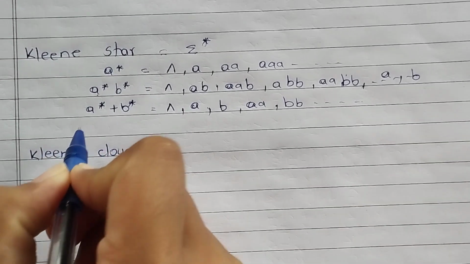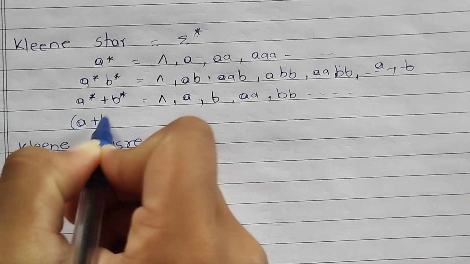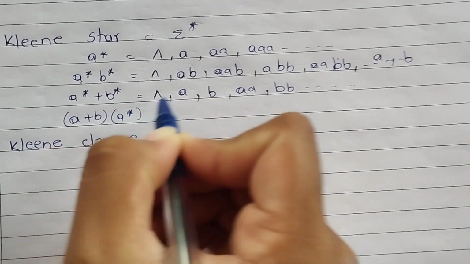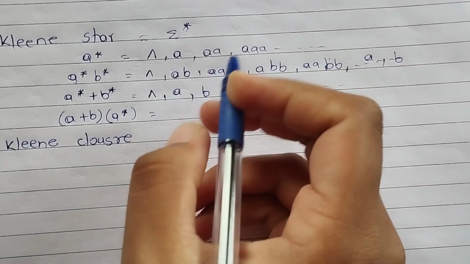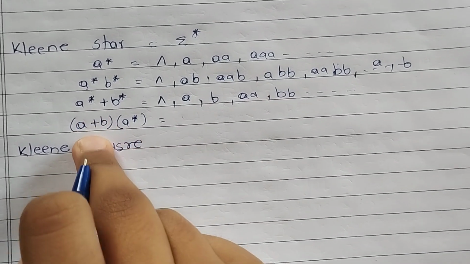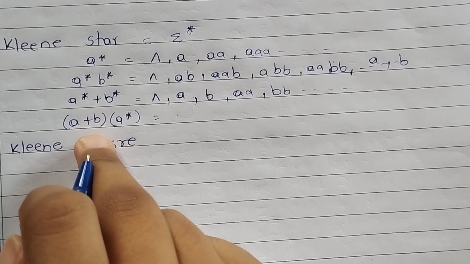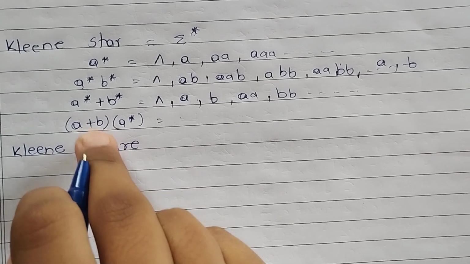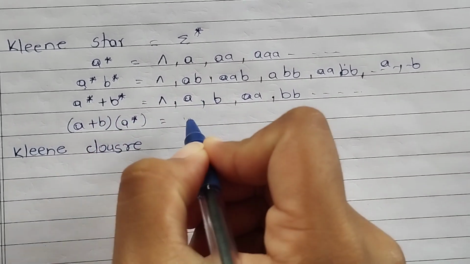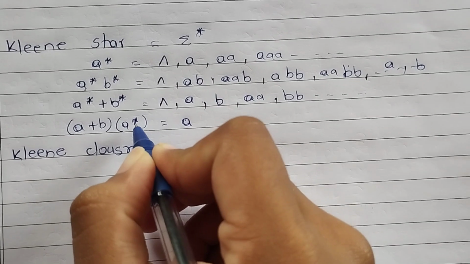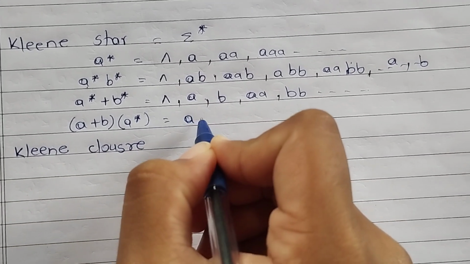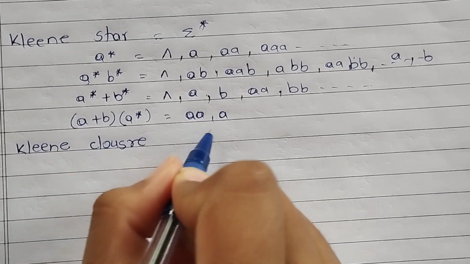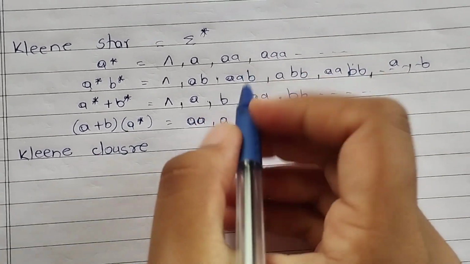Now if we write A plus B and only A star, let's suppose, then how do we write? From A plus B, any one is mandatory, because here the star is not present. So any one symbol we must write. So this A, and from the A star we write A, or only single A, that time this A comes here and this is null.